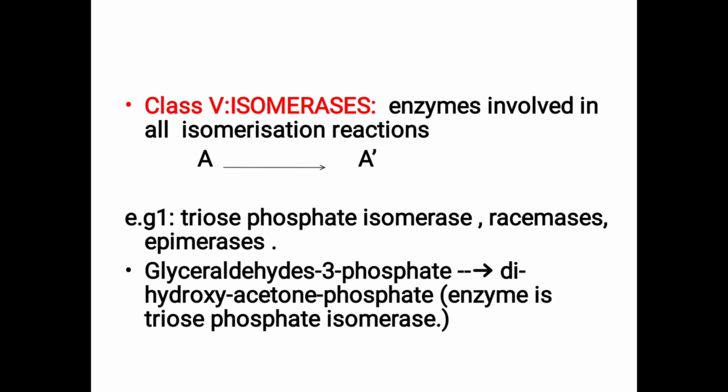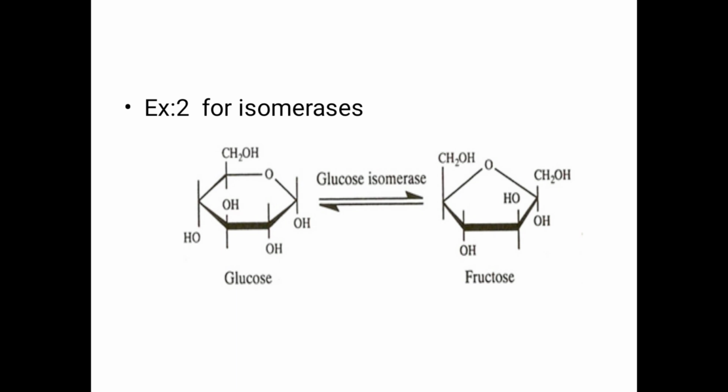Racemases and epimerases are also examples of isomerase enzymes. One more example is glucose isomerase, the conversion of glucose to fructose.